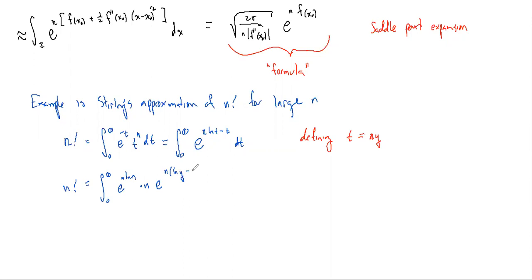So factoring out some stuff that turns out to be constant, and then, aha, we have an n out in front of everything, dy. We can factor out all of this stuff. The integral is over y. So e to the n ln n times n. And then the integral of stuff that does depend on y, which is in saddle point form.